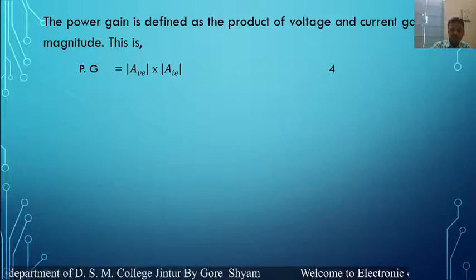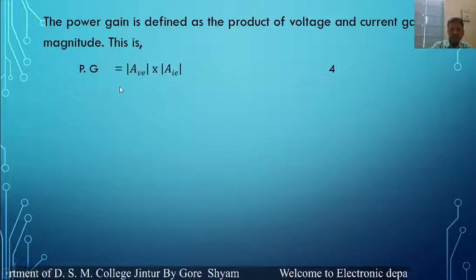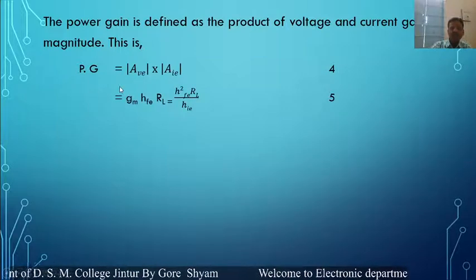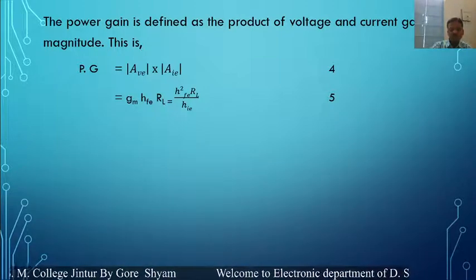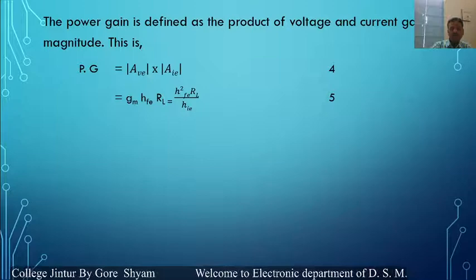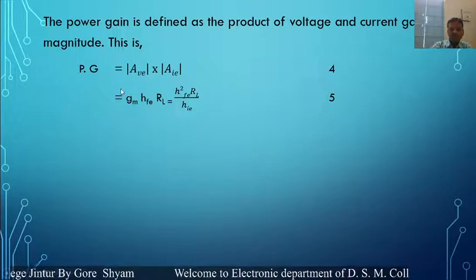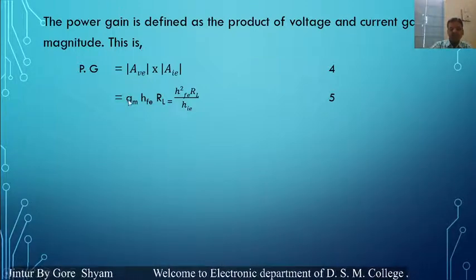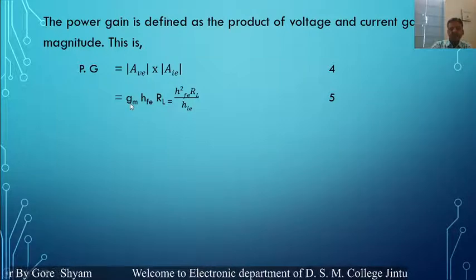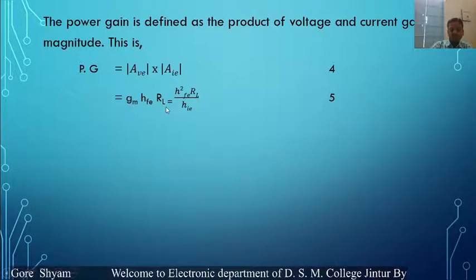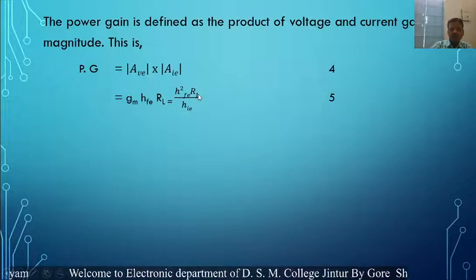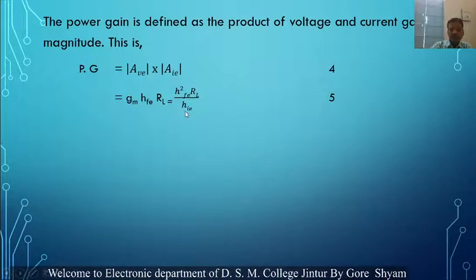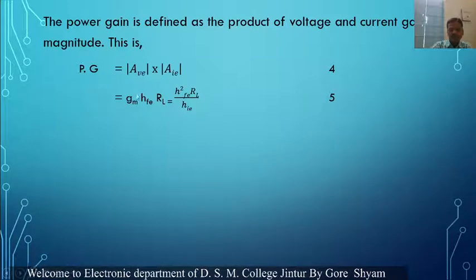This is equation number 4, and we know the voltage gain is equal to GM into RL.